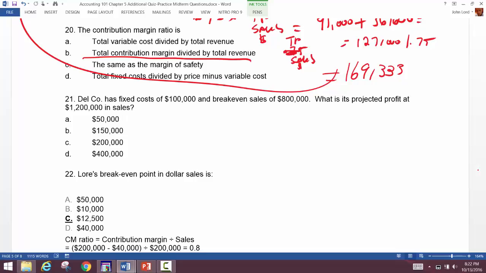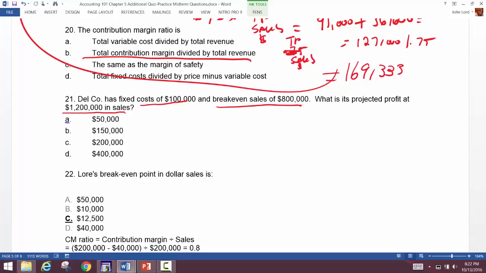Okay, so they tell me that they have fixed cost of 100,000. They tell me that they have break-even sales of 800,000, and they want the profit if I have sales of 1.2 million. Now you have a problem here in that they didn't give you all the tools up front to get the contribution margin ratio. So how in the heck can you solve this?